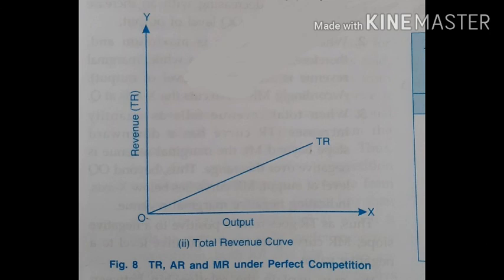The curve must pass through the origin, because at zero output TR is also zero. It has to begin at the point of origin. Moreover, it is a straight line with a constant positive slope, because price as well as marginal revenue are constant. This is all about the relationship of total, average and marginal revenue in a perfectly competitive market.